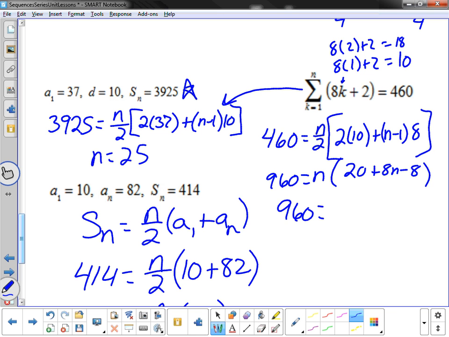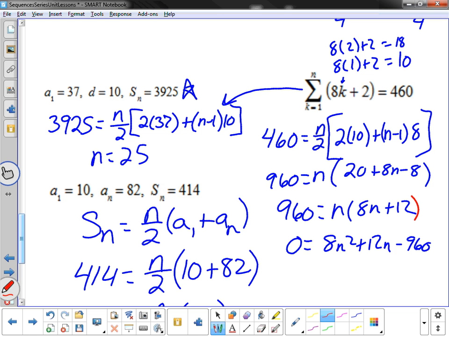Okay, so that's n times 8n plus 12. So I get 0 equals 8n squared plus 12n minus 960, because what I did was distribute this to both of those, and I subtracted 960 at the same time I did the other part. So I get that equation, and now I could guess and check.